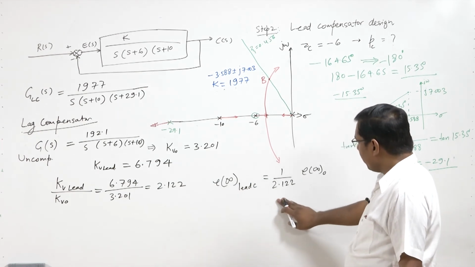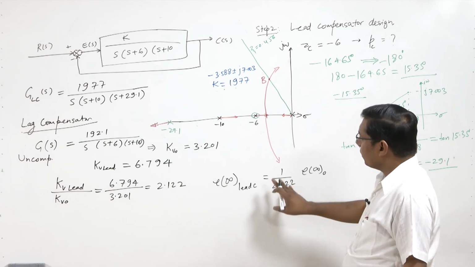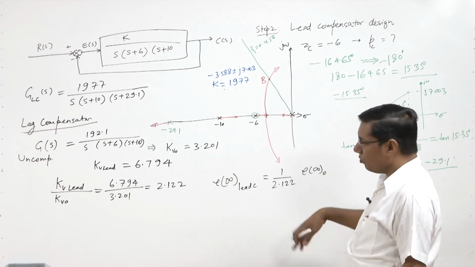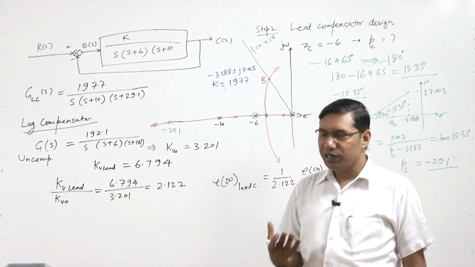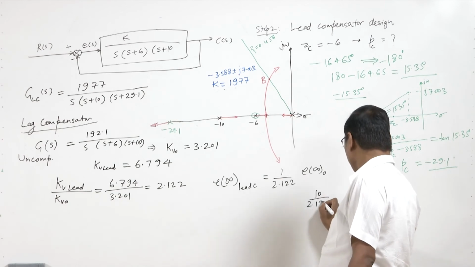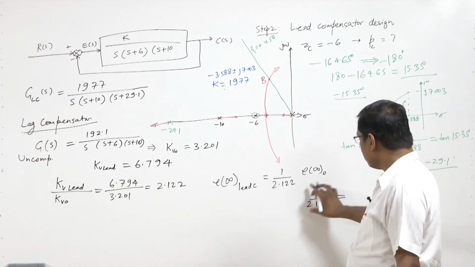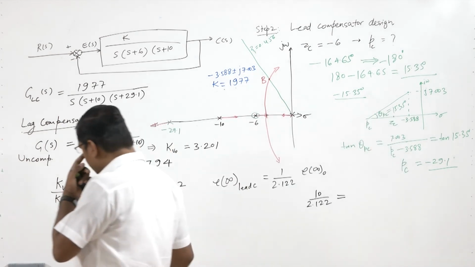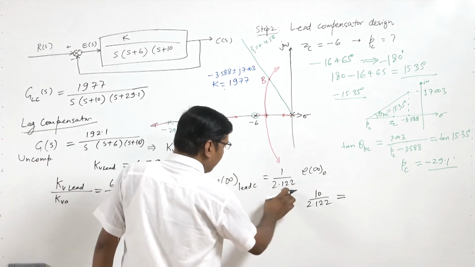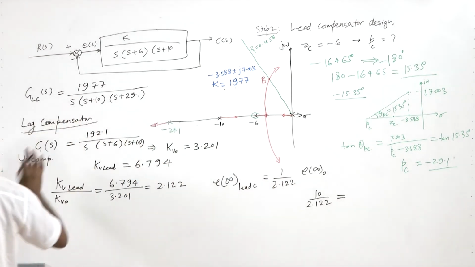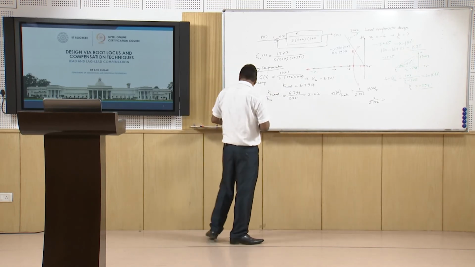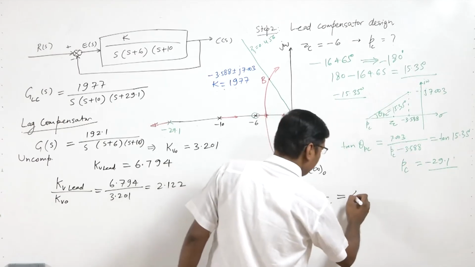So our target was to design compensator for 1/10 of this. So now for the lag compensation we need only the improvement, that is 10 by 2.122. Only this much improvement we need by lag compensation, because we have already achieved this much improvement by lead compensation in terms of steady state error. So that is 4.713.